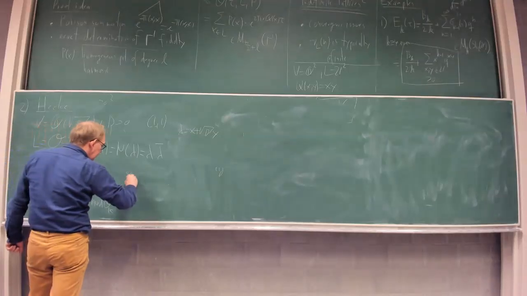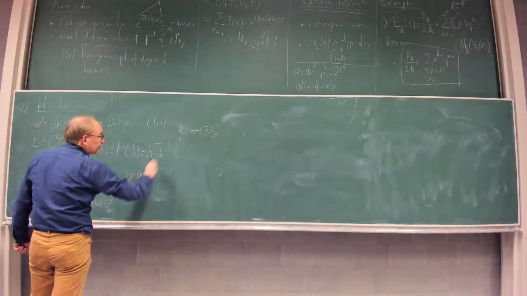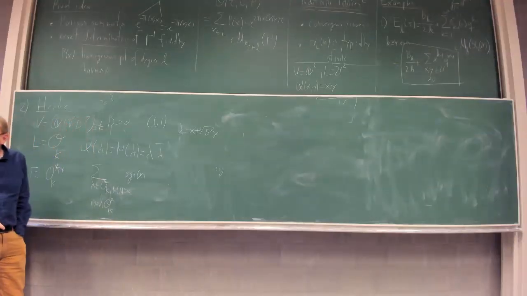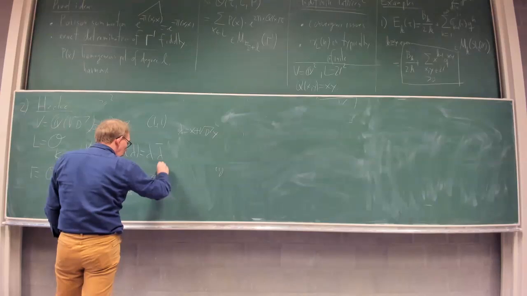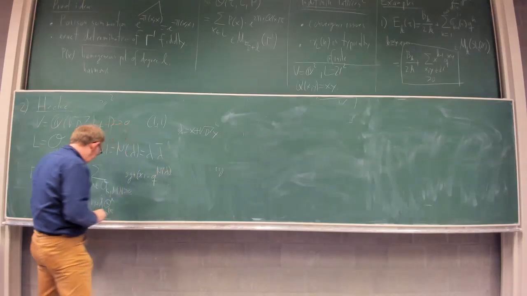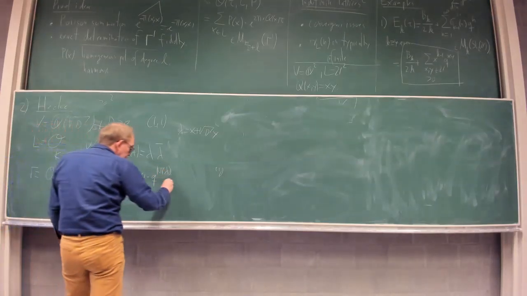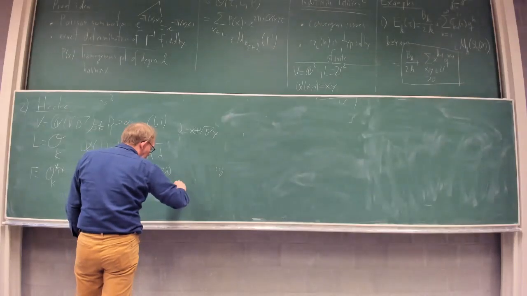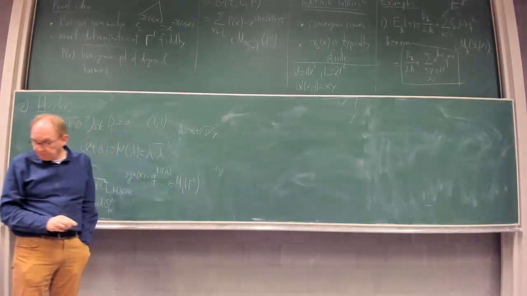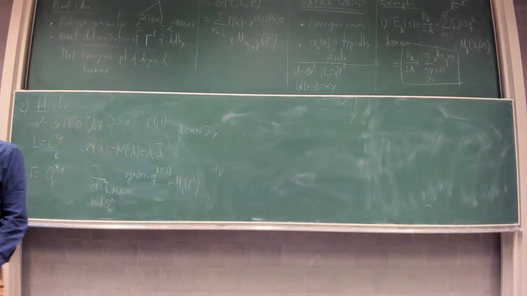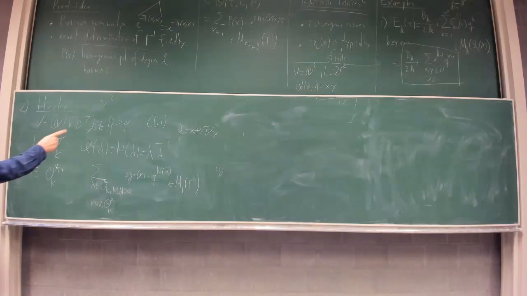I take the sign of x, this bit of lambda, and then the same thing as before, q to the norm of lambda. And this is a modular form, in fact a cusp form of weight 1.